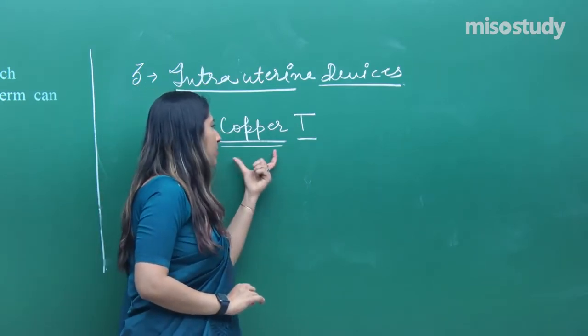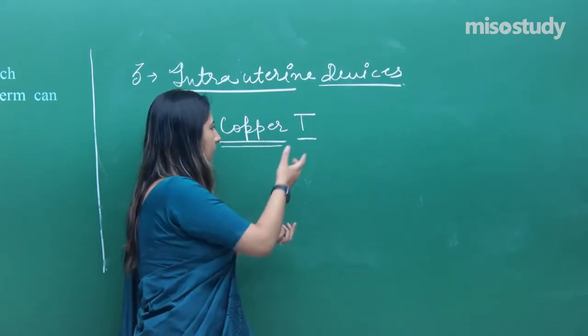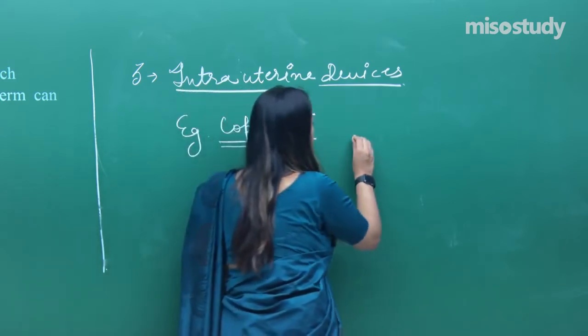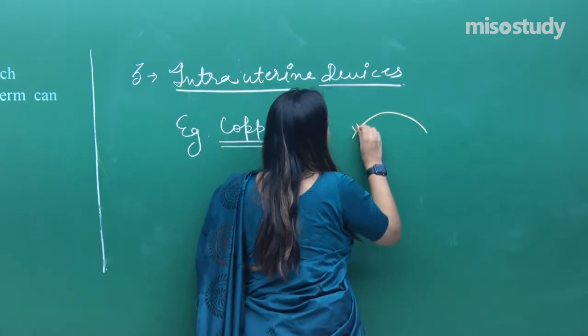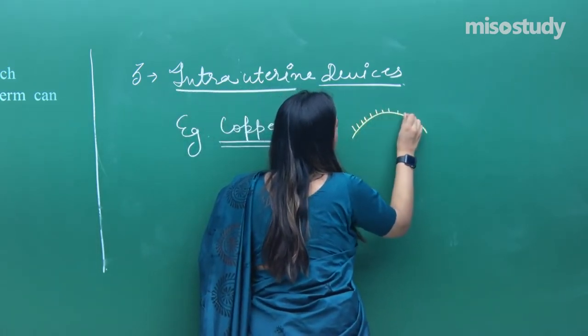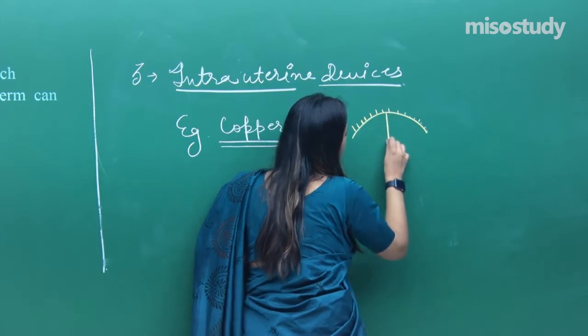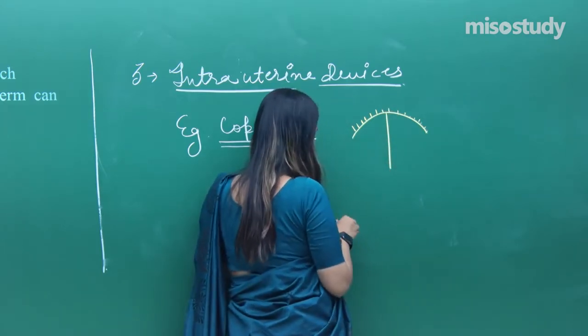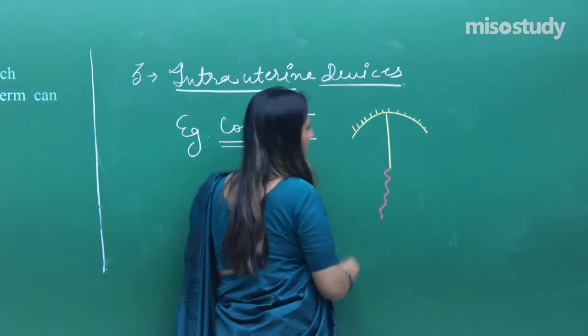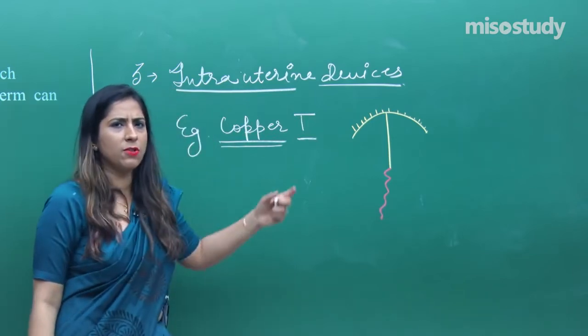And what is the function of this copper T? It is called T just because its structure looks like a T. One thread is attached like this, so this is how a copper T looks, a very small structure.